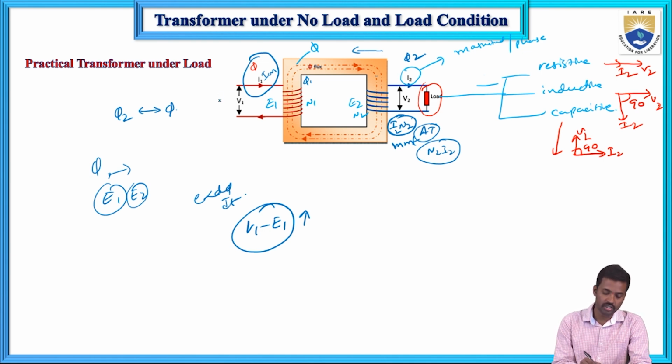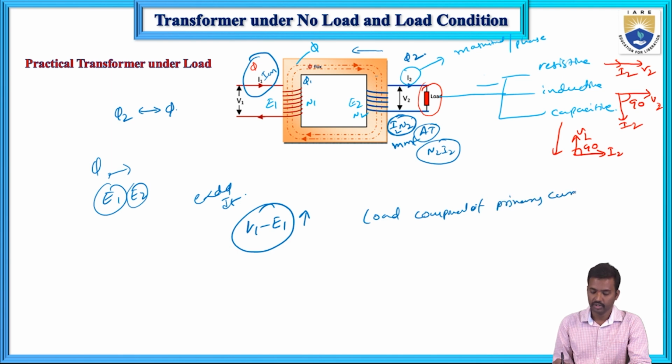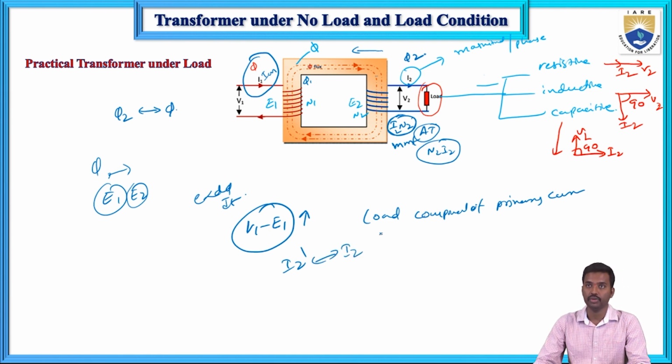So that additional current from the primary is known as the load component of primary current, that is I2 dash. That is completely opposite to I2. These two are completely opposite.